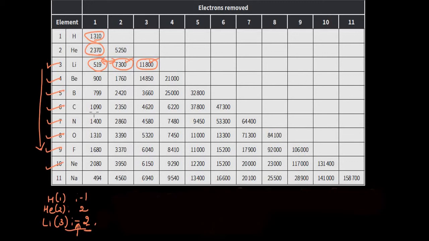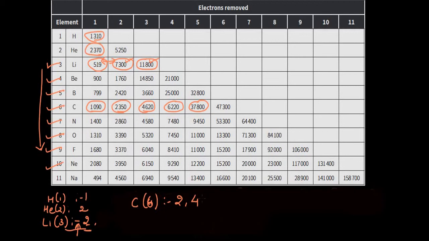Now let's compare the successive ionization energies of carbon. We can see that the successive ionization energy gradually increases from first to fourth. But between the fourth and fifth ionization energy, there is a very high jump. The electronic structure of carbon is 2 and 4.